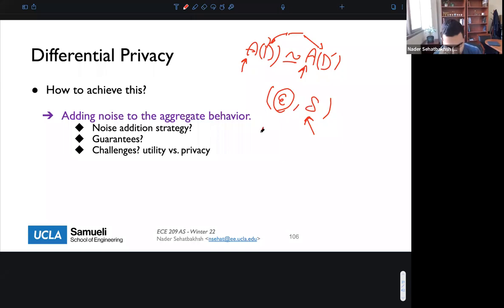So let's say 2 to the power of, I don't know, minus 32.